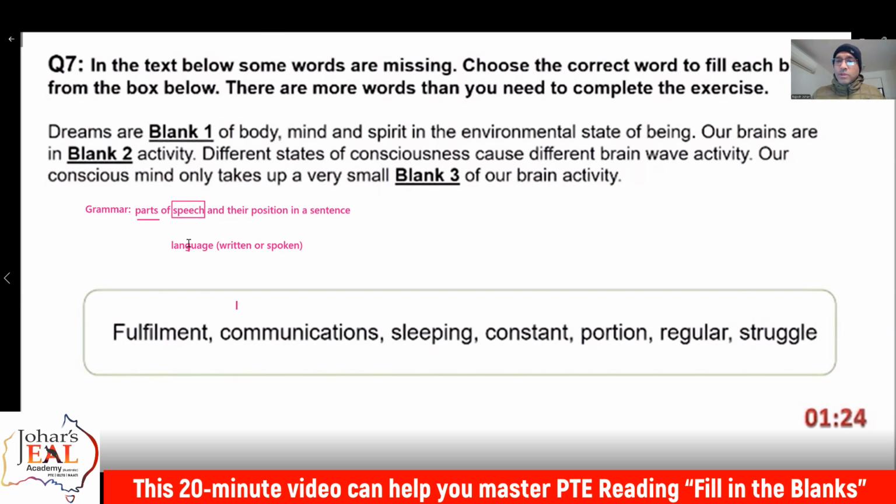But what's important for us in PTE are only 4 parts of speech, maximum 5. So which are these parts and their position? The most important thing is where they sit in a sentence, their position in a sentence.